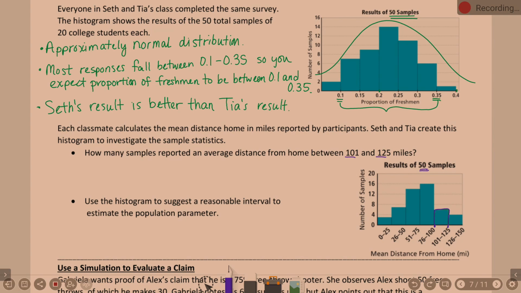So 6 samples have an average distance of 101 to 125 miles. That's what I have written here.